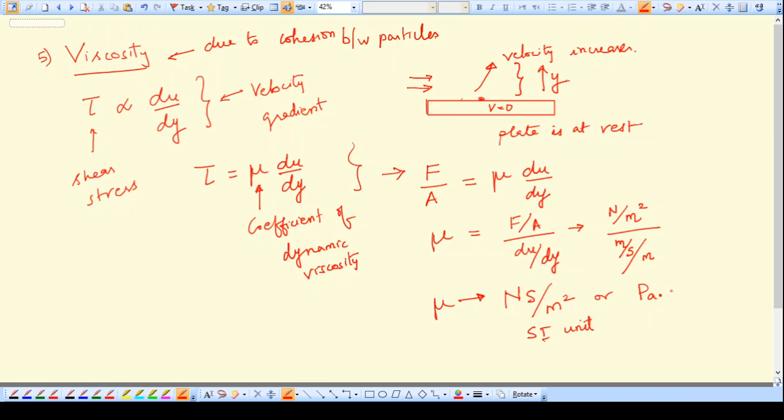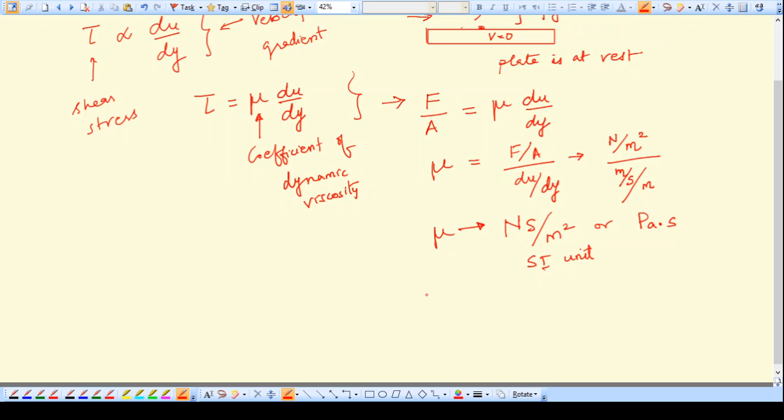In the CGS system, the unit is poise. 1 poise is equal to 1 dyne second per centimeter square.